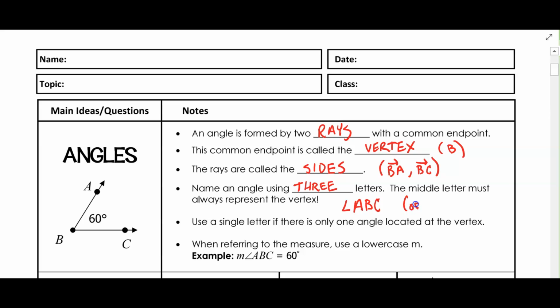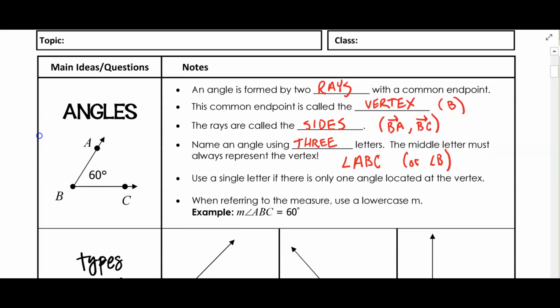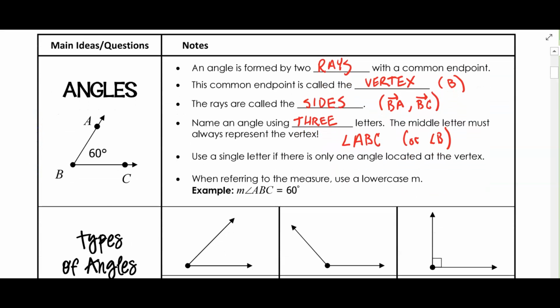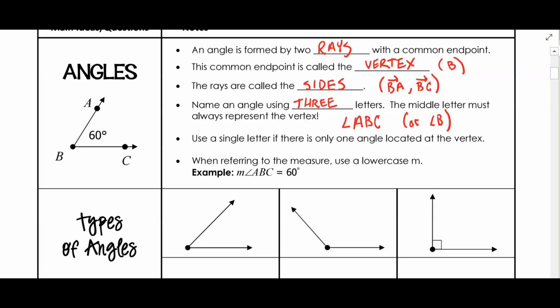Now, we could also call it angle B. In this particular picture, there's no way to confuse it with being a different angle, so we could use angle B. But if you want to be safe, you can always use 3 letters. Alright, again, so use a single letter if there's only one angle located at the vertex, so that's angle B.